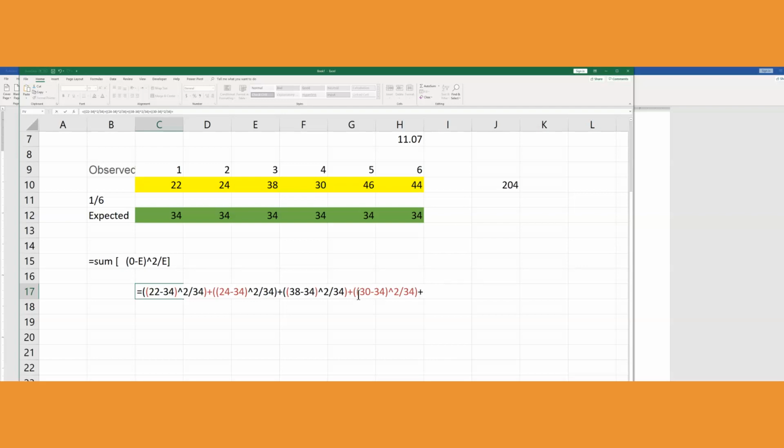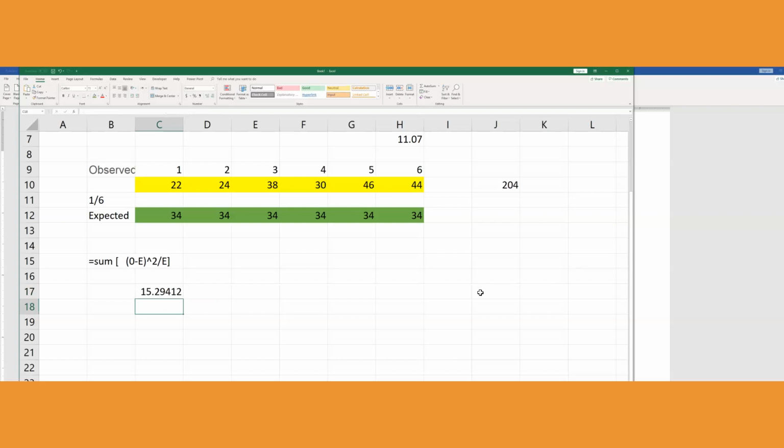And again, 46 minus 34 raised to the second power, divided by 34, and another one, which is the last one, 44 minus 34 raised to the second power, divided by 34, and here we go.